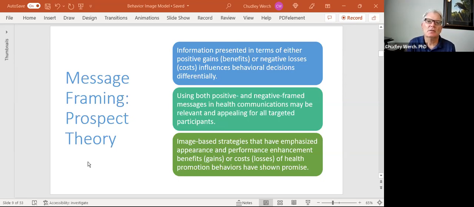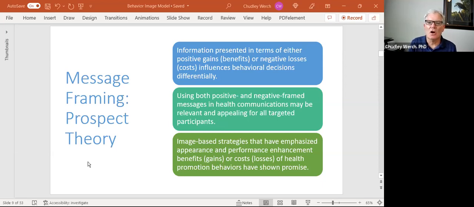What's interesting about that, of course, is most of our prevention and health and medicine, public health communication is really all about losses. It's about costs. It's about risks. And yet prospect theory, most of the research supporting this, says positive gain messages, benefits messages are likely to be more important.